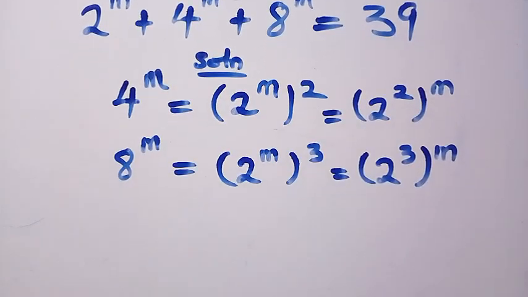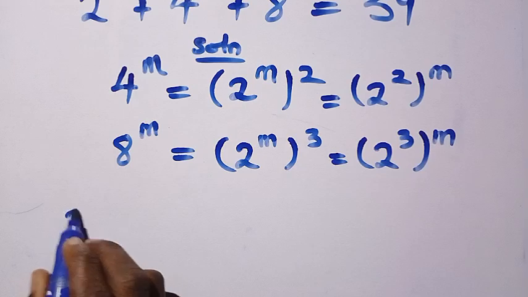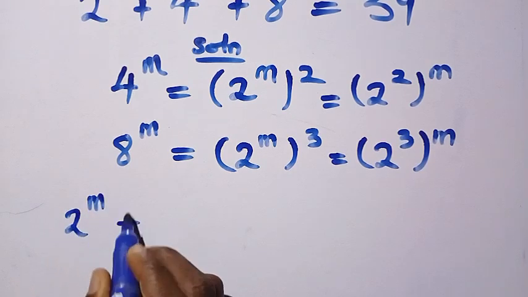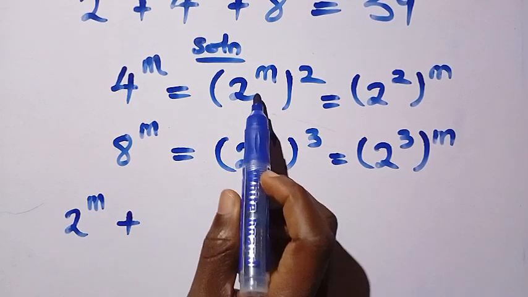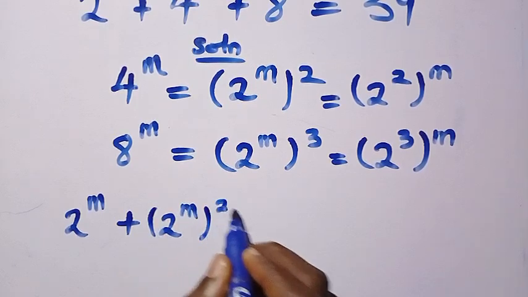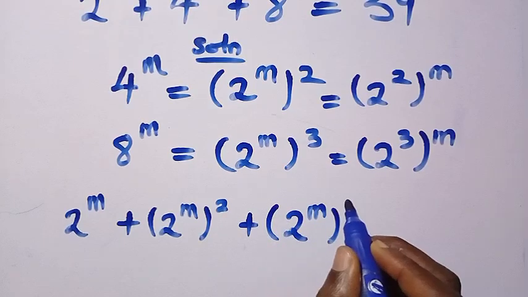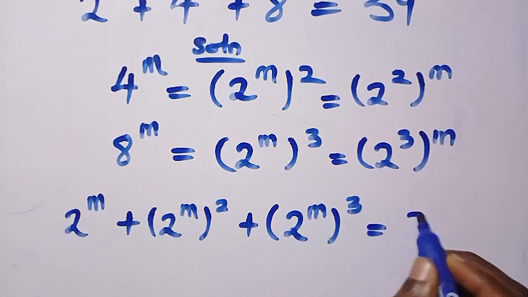So coming to that equation and replacing everything, we are going to have 2 power of m plus 2 power of m raised to power of 2 plus 2 power of m raised to power of 3 equals 39.